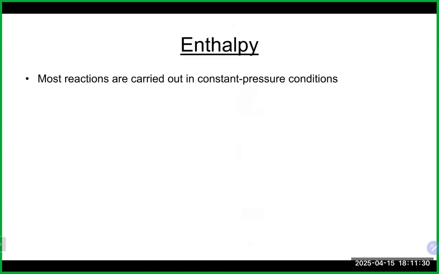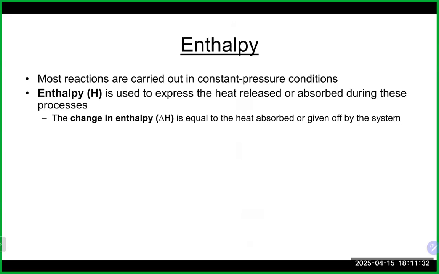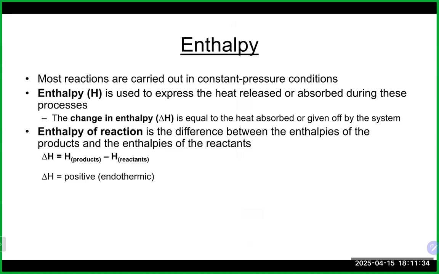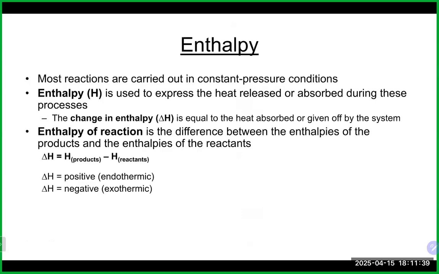Now, enthalpy, as I mentioned before, is really the measure of how much heat or energy is released in a chemical reaction. It probably is the most common way that we express energy, and it is often calculated as delta H. A very common way that we do this is to add up all the delta H values of our products minus the delta H values of our reactants.